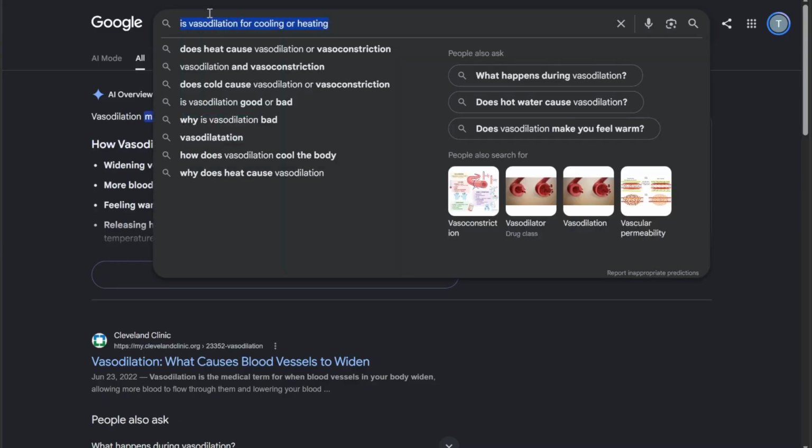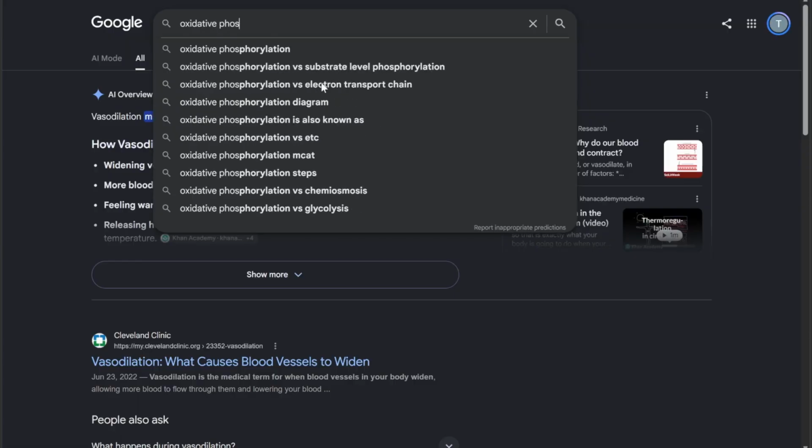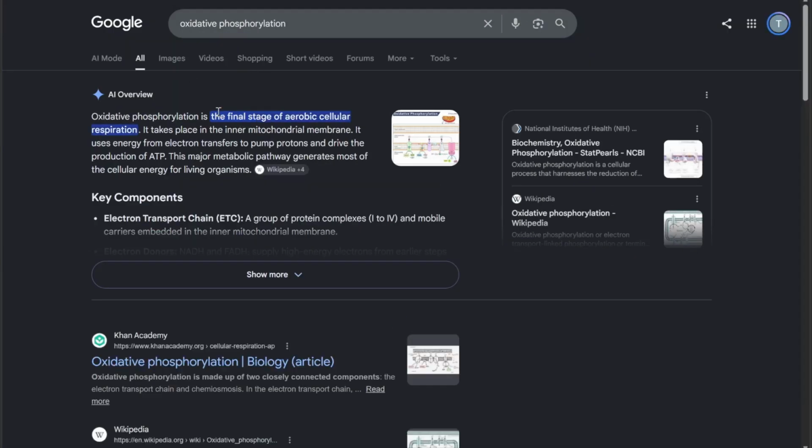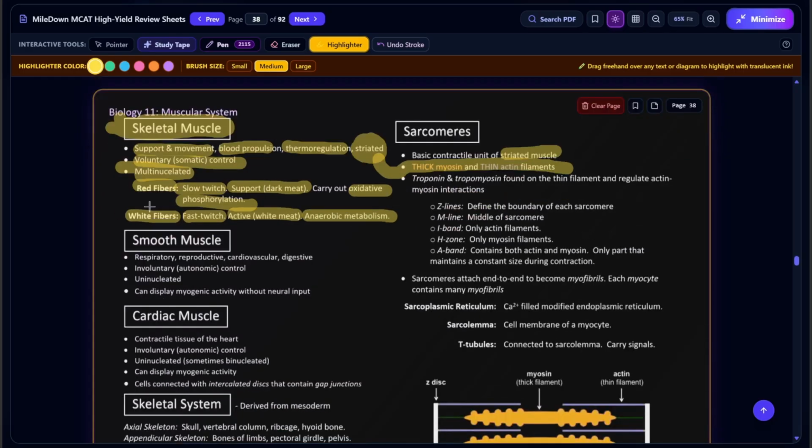Oxidative phosphorylation is part of the final stage of aerobic respiration, which means you're doing more aerobic activity. An example of using mostly red fibers is a marathon runner, using a lot of oxidative phosphorylation, whereas a fast sprinter is using a lot of anaerobic metabolism, so they're using a lot of their white fibers.